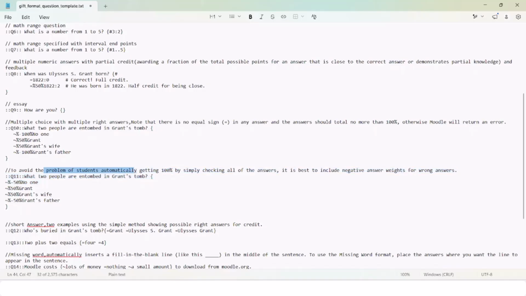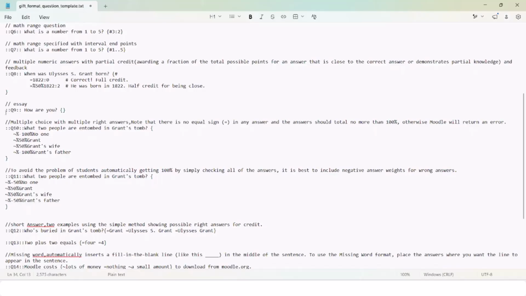To avoid students automatically getting 100% by simply checking all the answers, it is best to include negative answer weights for wrong answers. If the student selected all these 4 answers, they would get 0 because 2 are correct and 2 are wrong. That ensures students really think through as they answer the questions and do not simply guess.